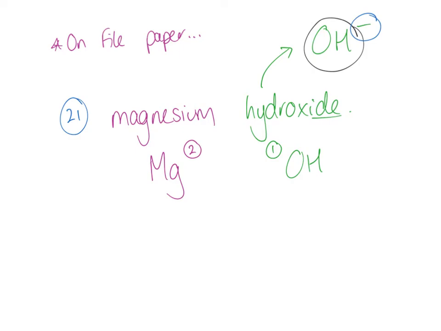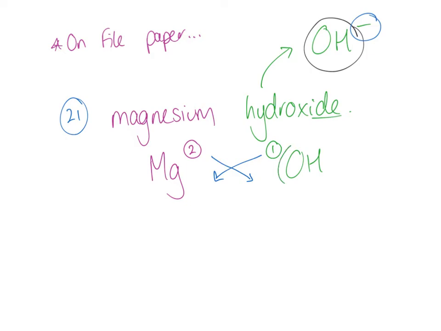Next part then is, if you're going to be swapping down a number to your molecular ion, then you must use brackets. Have a look at this example. You're going to be swapping down a 2 from your magnesium to your hydroxide and a 1 the other direction. So this time I will need to include brackets. Essentially, if the valency on the other element is 2 or more, then you're going to need brackets around your molecular ion.